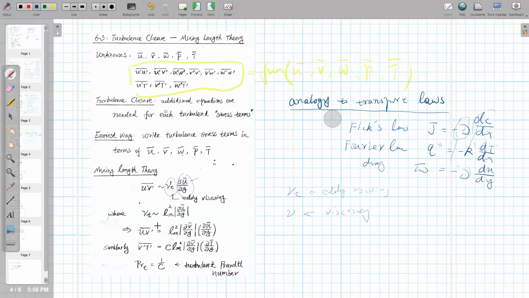Okay. And also this mixing length theory shows that this mu t here, the eddy viscosity, will be approximated by some length scale Lm squared, and this Lm is called the mixing length.